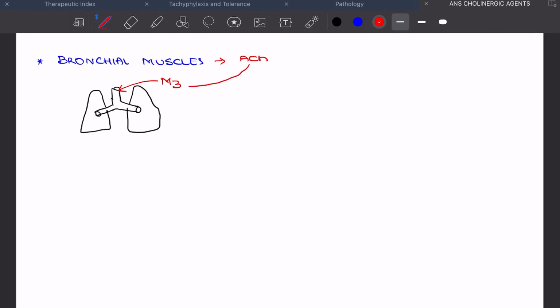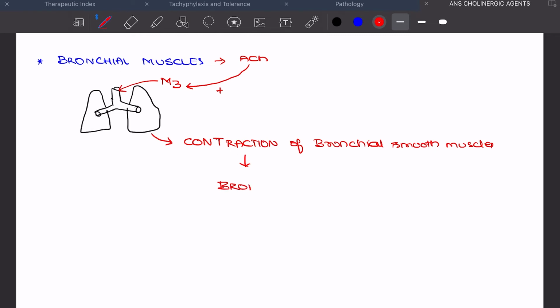This acetylcholine is going to activate the M3 receptors and further it will lead to bronchoconstriction. Please remember, it will lead to contraction of bronchial smooth muscles. Once there is contraction of bronchial smooth muscles, there will be bronchospasm.